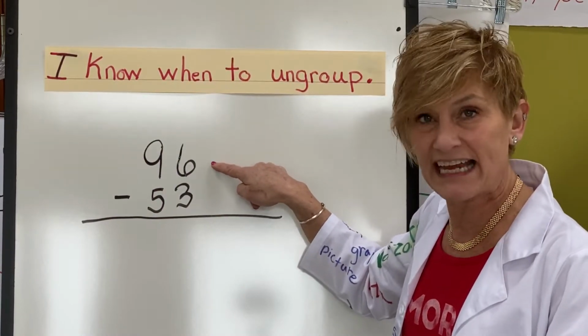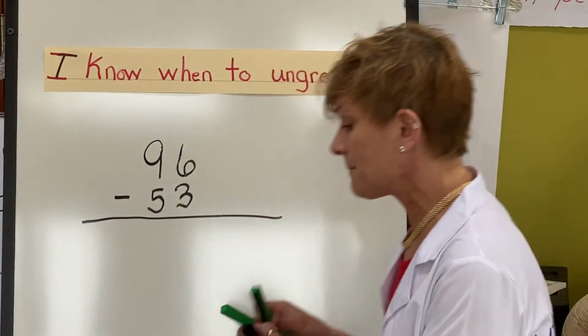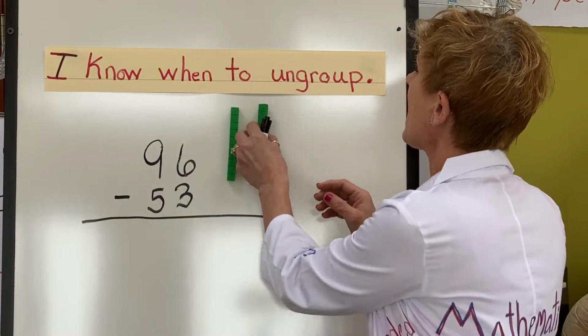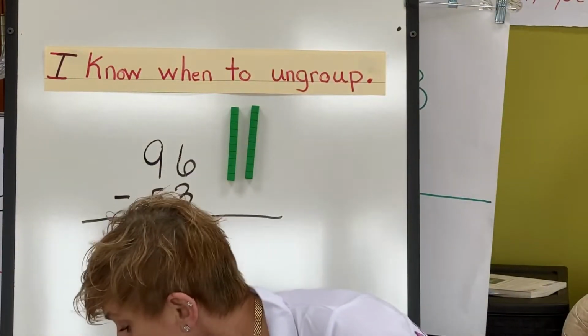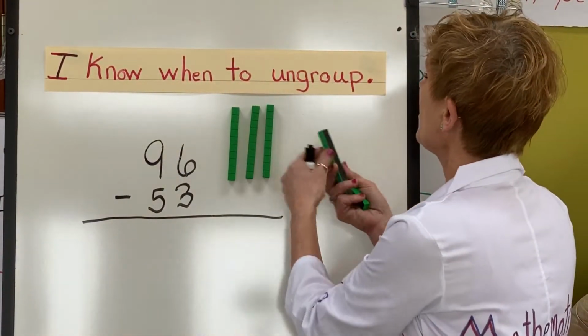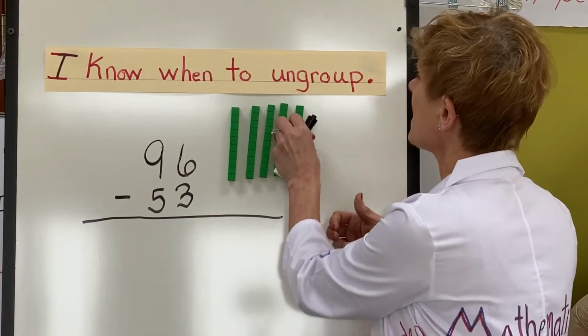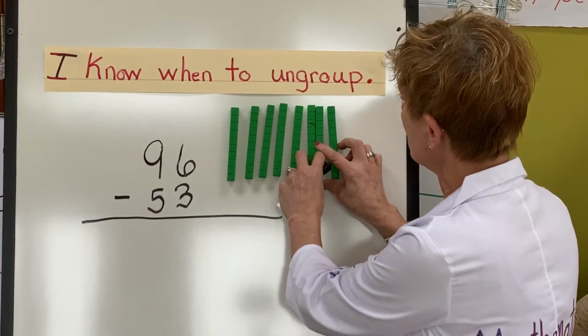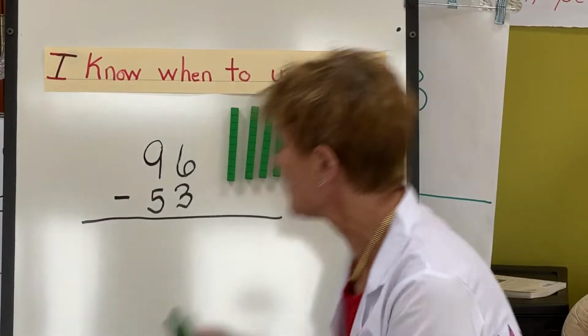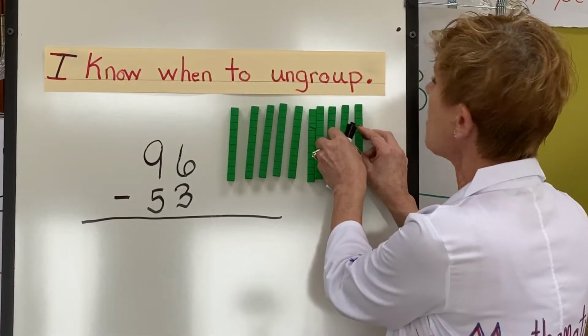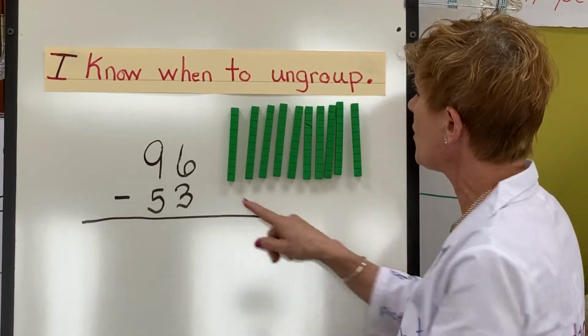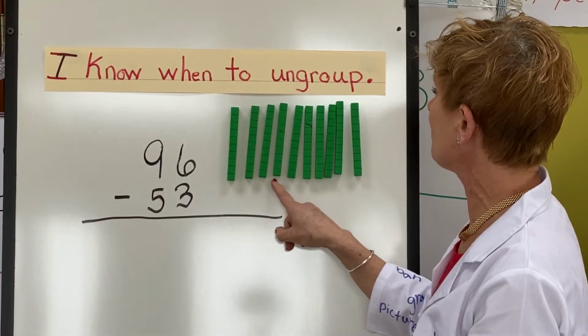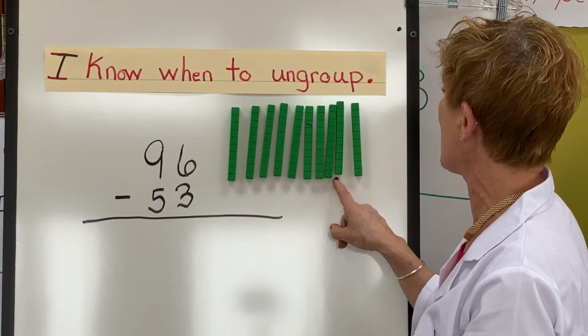That's the total, 96. If I had to make a picture of 96, I would have how many tens? I hope I heard people say 9 tens. That's right. Here's my 9 tens. I'm going to count them because that's important to do. 1, 2, 3, 4, 5, 6, 7, 8, 9.